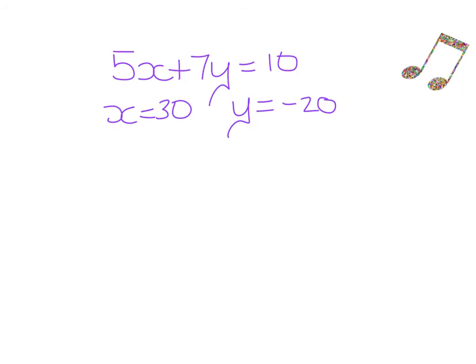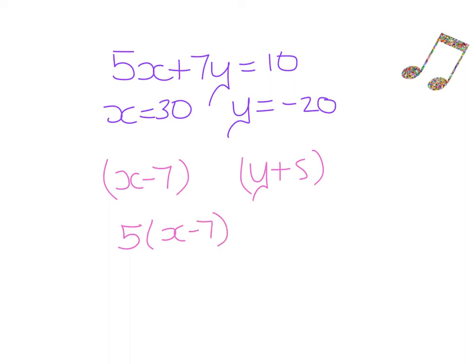Okay, let's just see what we did there in algebra. So for our new value of x, we took our normal x and we subtracted 7 from it. To get our new value for y, we took what we had as y and we added 5. I'm going to pop those back into the original equation. So I've got 5 lots of my original x, take away 7, plus 7 lots of my original y, plus 5.